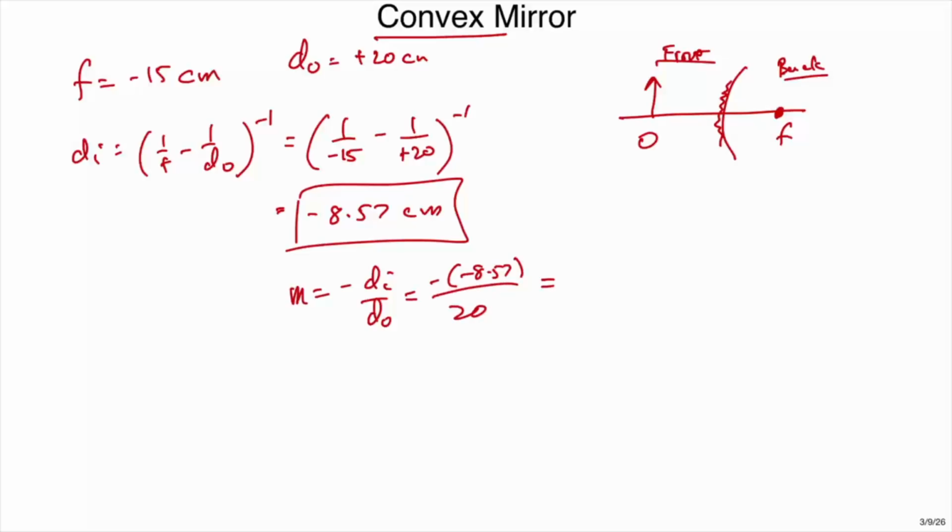I can already tell this is going to be reduced, but it is a positive 0.4285. Positive, meaning upright. So we know it's virtual, we know it's upright, and 0.4285 means reduced.